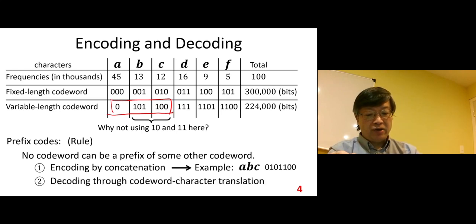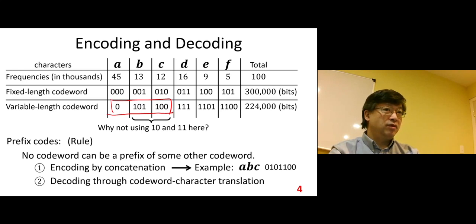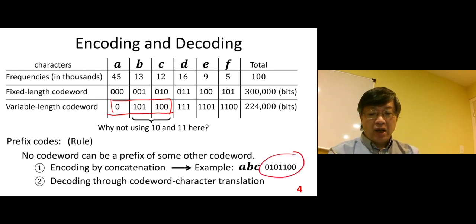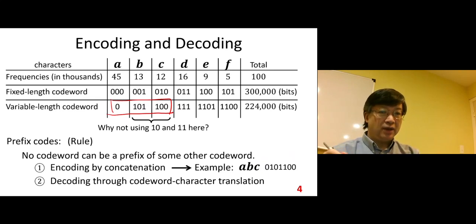Decoding through code word to character translation is also straightforward. So let's look at decoding. Suppose we have these bits. How do we do the decoding?